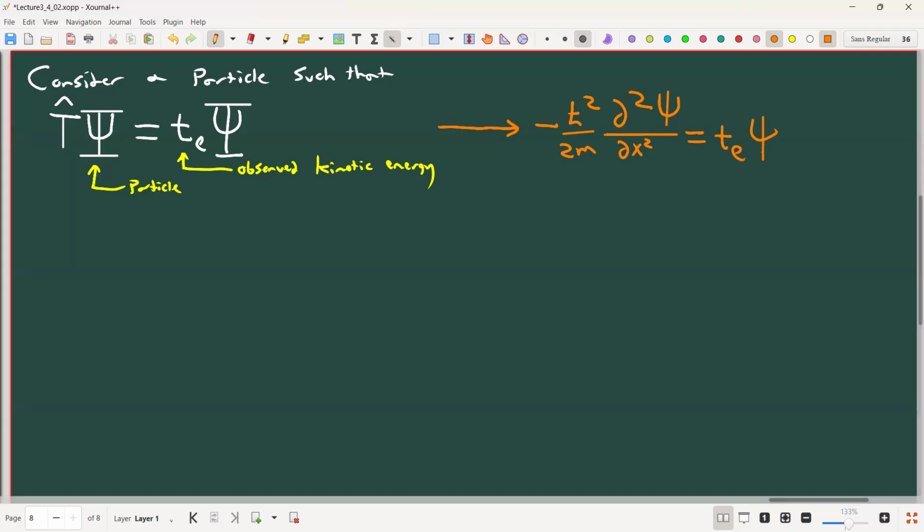All right, so what all this is saying is that whatever wave function satisfies this equation, when you take the second derivative of it, you get the same function back times a number. Let me just rearrange that to drive that point home.